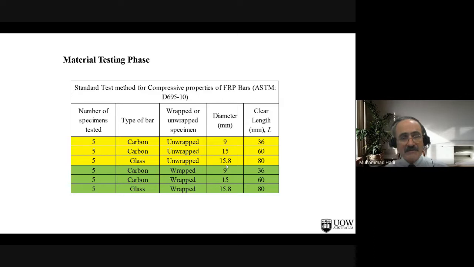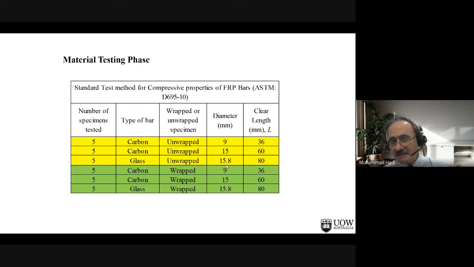The 9 millimeter is carbon, 15 millimeter is carbon, and glass is 15.8. And this is compression. So we had them by themselves, and we wrapped them, and then we tested them. Because this is compression and these are fibers, we thought we would wrap them to increase the integrity of the fibers.